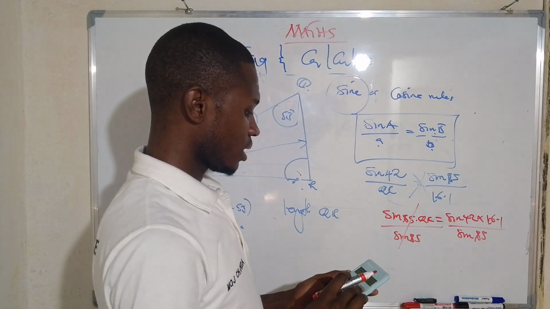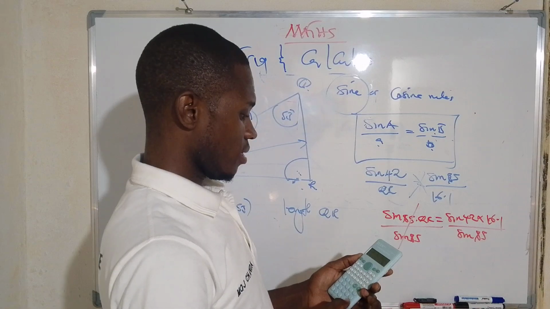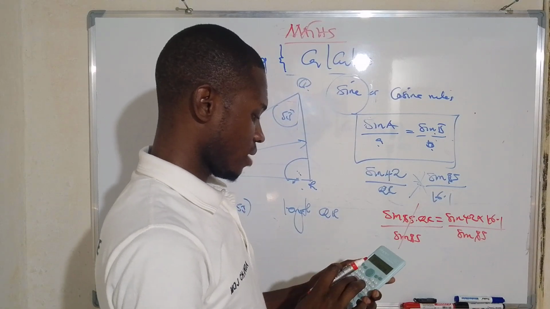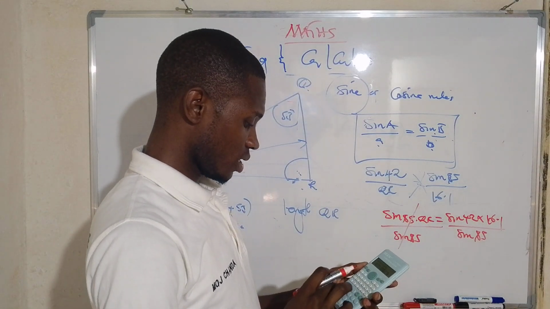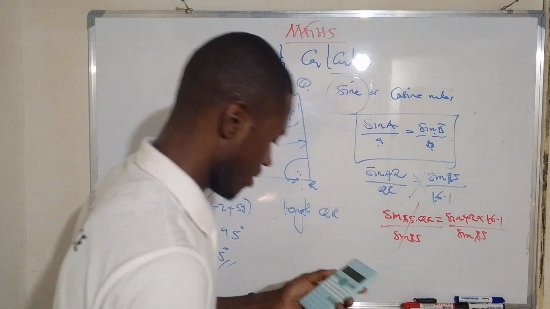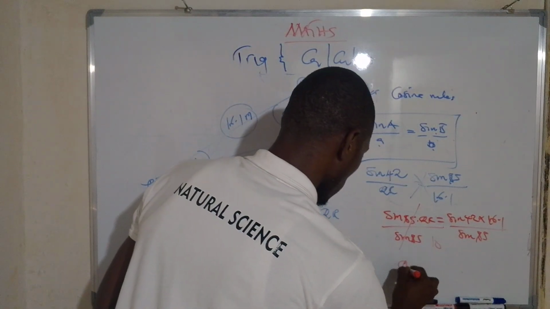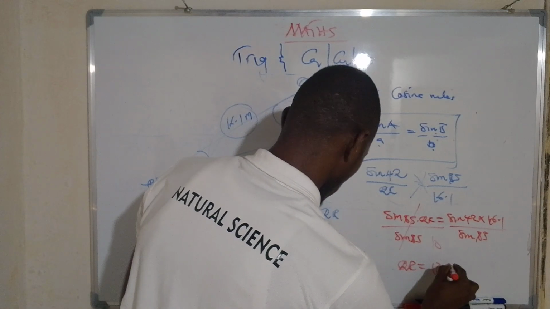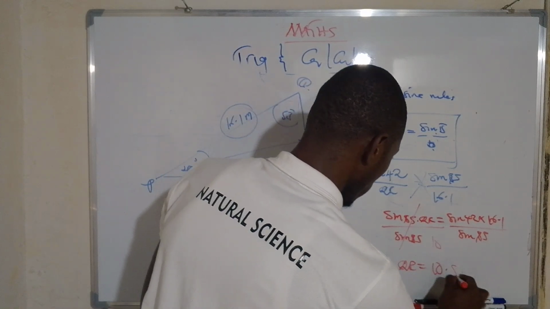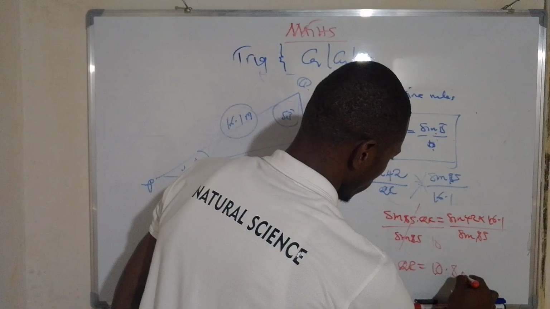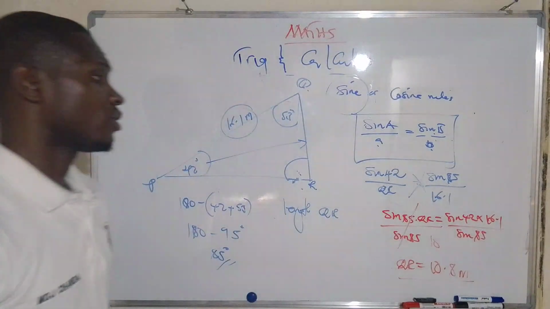Sine 42 multiplied by 16.1, yes. Then you divide by sine 85. Don't forget to put sine 85. So our answer, QR will give us 10.8 meters. So that's 5 marks.